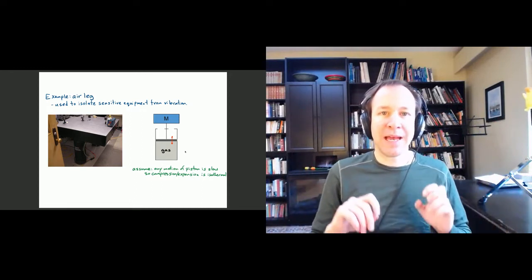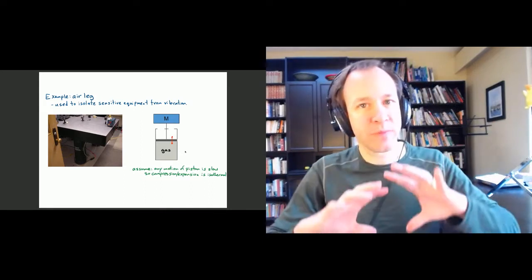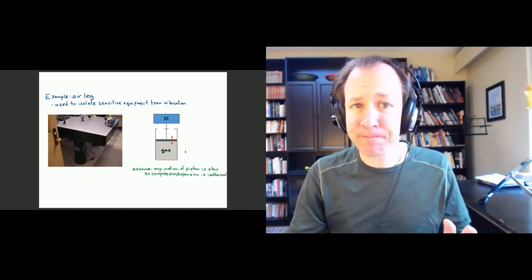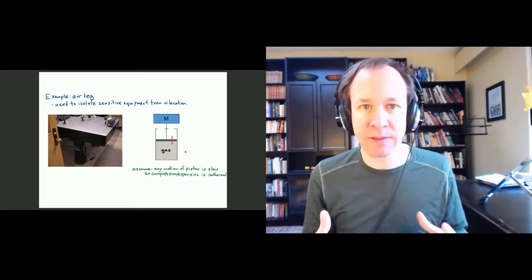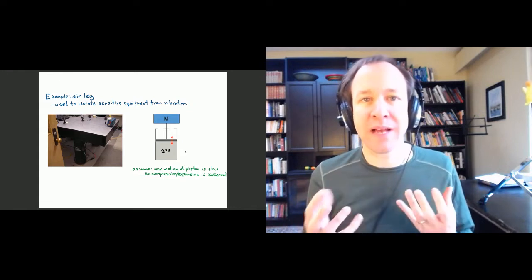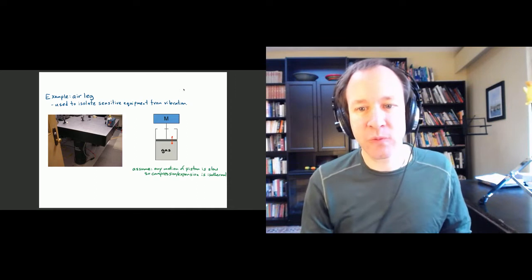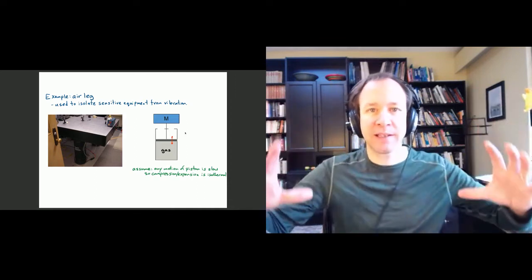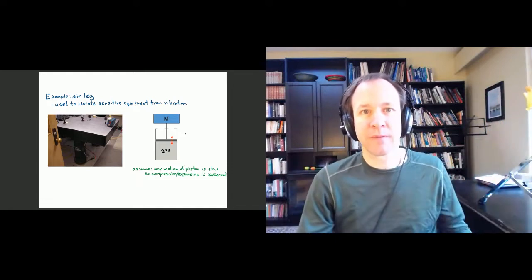If you're doing an experiment like this, maybe you're taking some data, measuring something as a function of time, for example, then you want to know everything you can about your experimental setup. In particular, you want to know if there's some particular frequency of vibrations that you should expect from this situation.